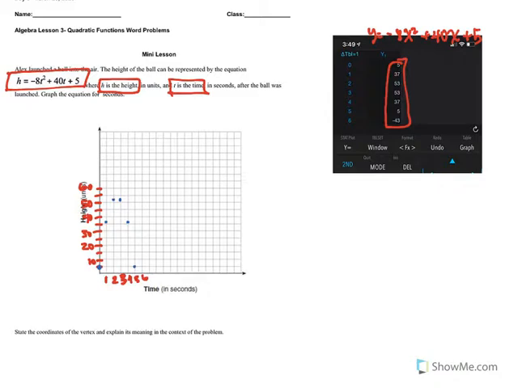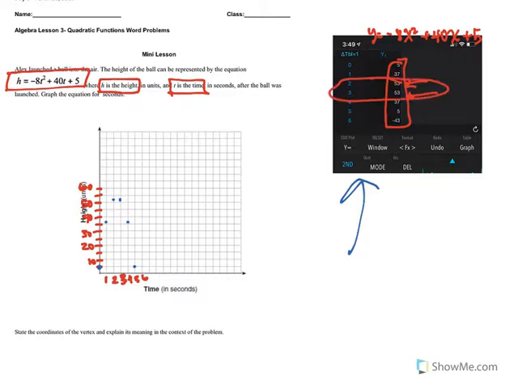Okay. Now some of you guys should be asking yourself, well, Miss, what's our turning point? What's our vertex? Why didn't we plot them? As you can see here on your table, our vertex, right, we see that our y values already start to repeat after 2. After 53, we go back to 53, then back to 37, then back to 5, but we don't see the number in between here.